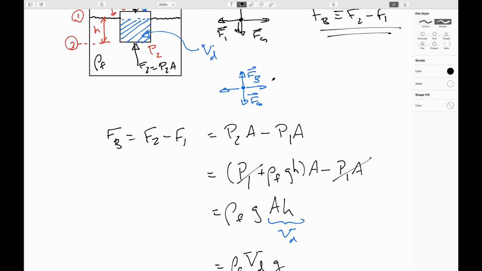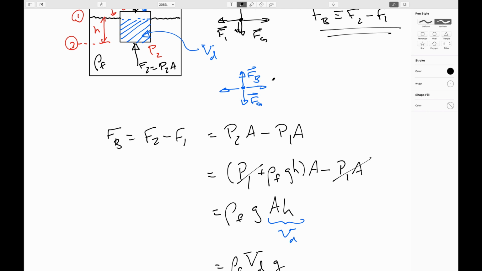This gets called the displaced volume. And it's a great name, except for the fact that nothing is being displaced here. It's just the name for the volume under the water line. No fluid need ever have gotten pushed out of the way or anything like that.